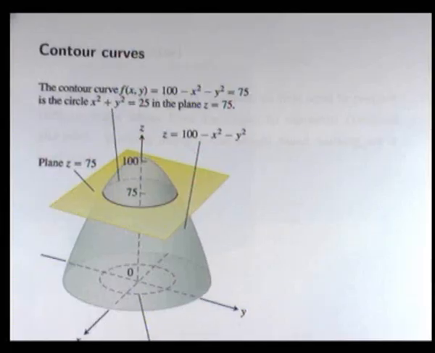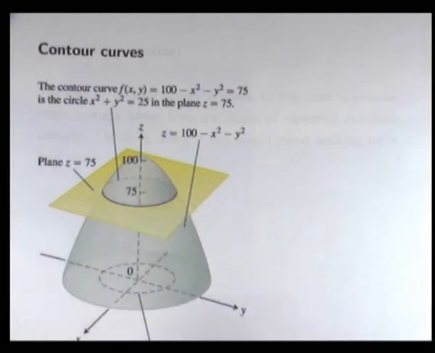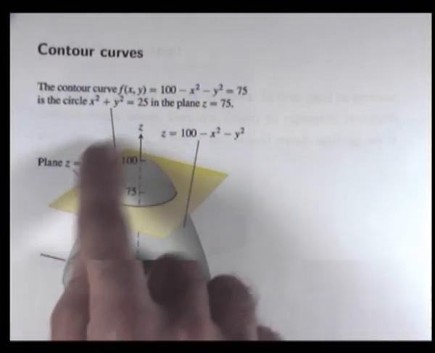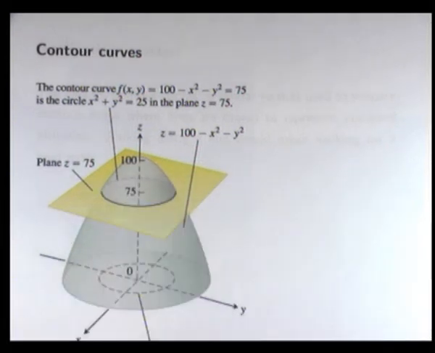Now, an idea that's related to level curves is so-called contour curves. Contour curves and level curves are basically the same curve, but they lie in different planes. Basically, a contour curve is just the intersection of a plane with the surface.